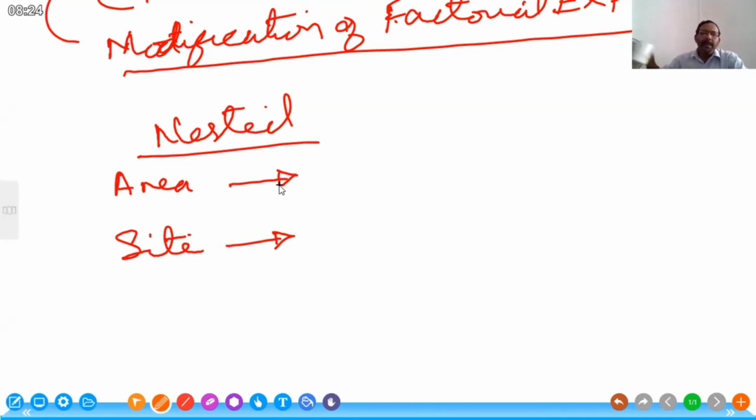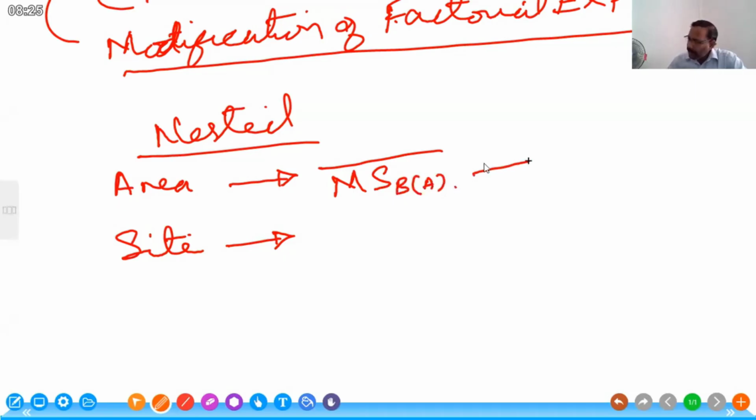No, sir. Tell me, in area, what is the denominator that we have used? Degree of freedom of site. What is the denominator? Mean square of B. So we divided by mean square of B, right?